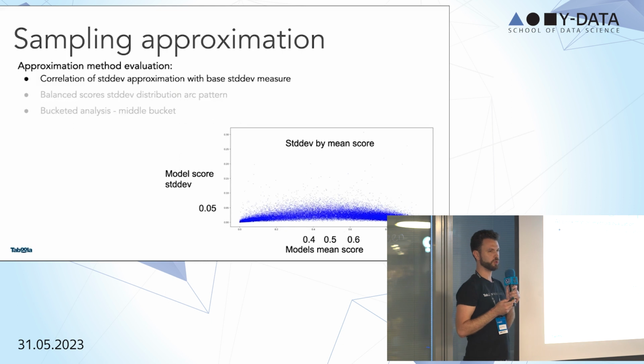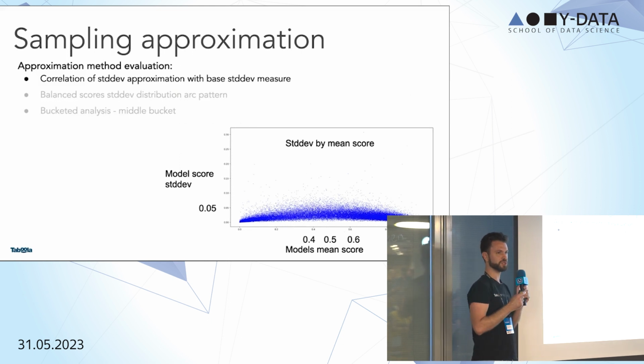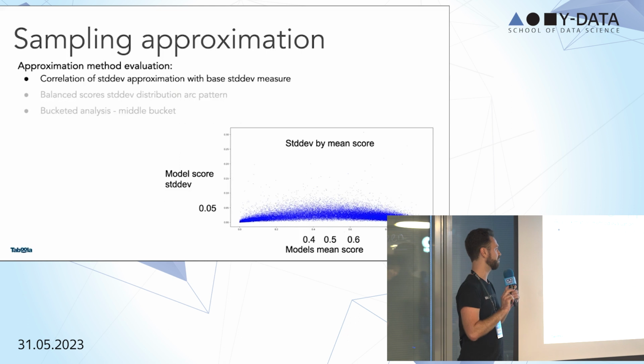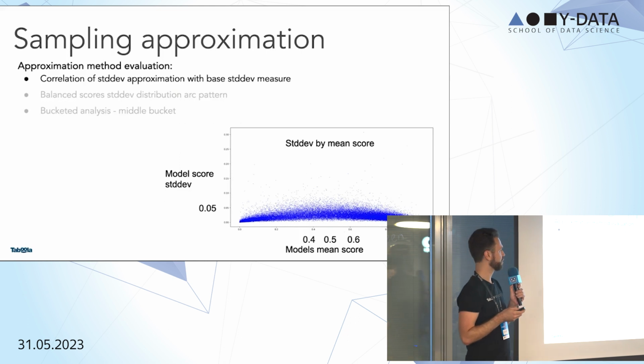For each input, we compute an estimate, a standard deviation of the base metric, which results in a value sigma. And then we compute the approximation of the standard deviation. If we compute the correlation between these standard deviations over all of our input rows, then we get an idea of whether our uncertainty metric is actually predicting the model uncertainty.